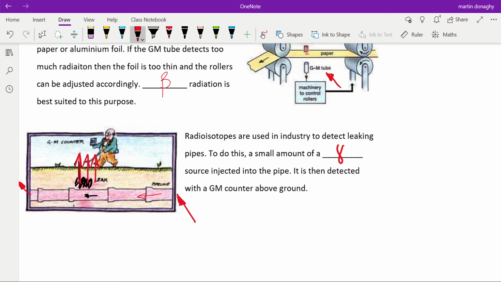We will want that to be safe quite quickly. We need a gamma source, so I would say we would either use, in this case, sodium 24 or technetium 99, depending on how long we think it's going to take us to find that leak. But in this case, we'll probably opt for the shorter half-life of those, which is technetium 99.